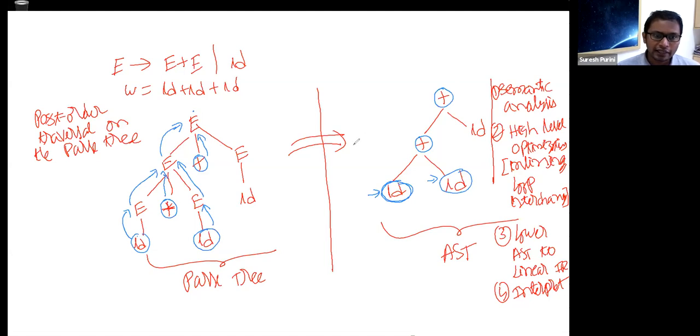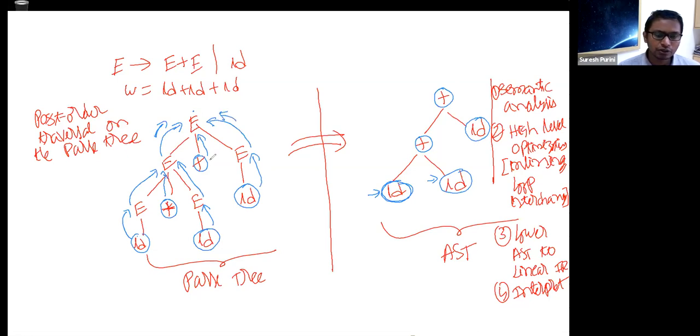All right, and then again here, when it visits this ID, it creates an AST node associated with ID. It passes this information up to this node, and then up here, and finally this plus and this ID are put together. They are attached to what is coming from this path and what is coming from this path.